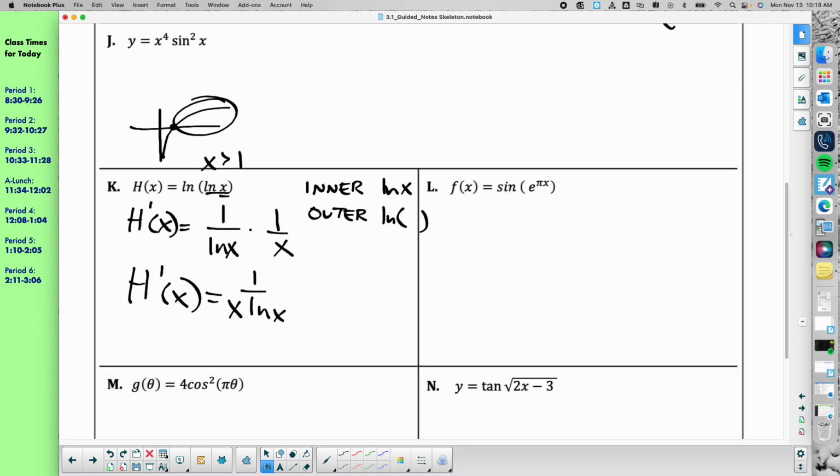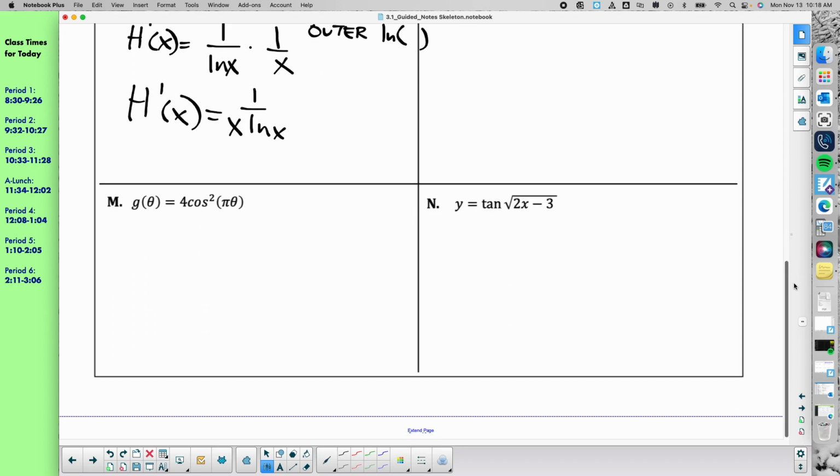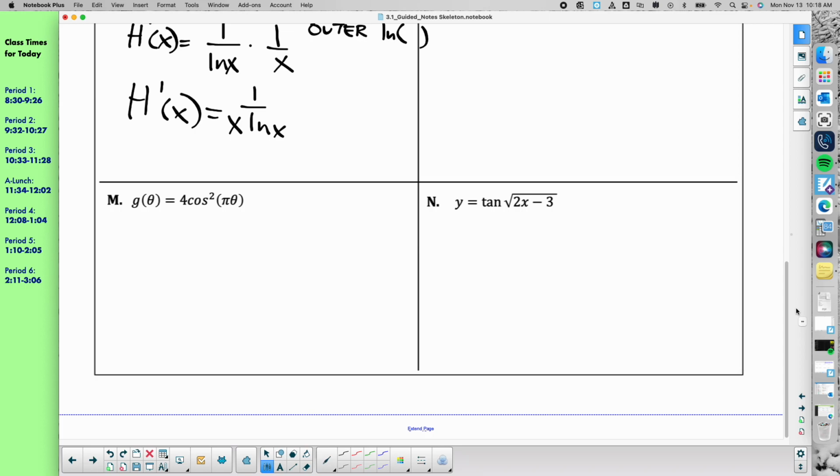Okay, let's do M. Let's just go right for the ones that everybody usually hates. It's no good to do the ones that seem easy to you. Might as well do the horrible ones. First thing, the square.